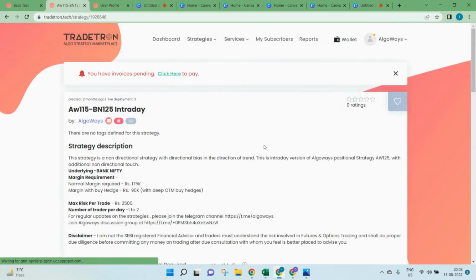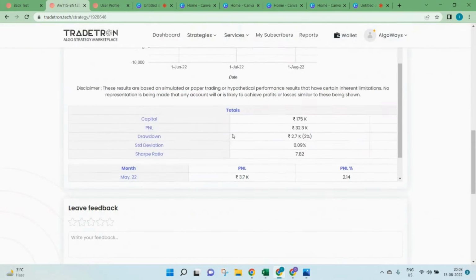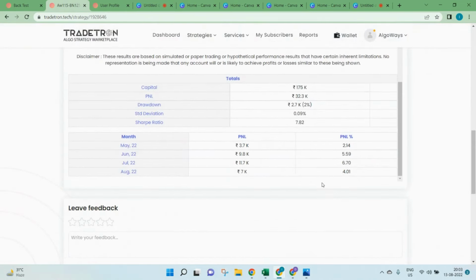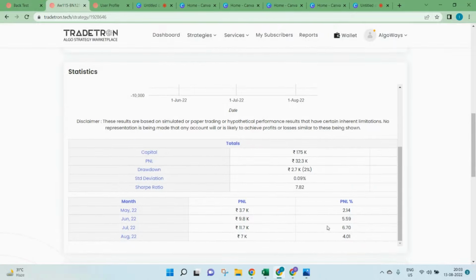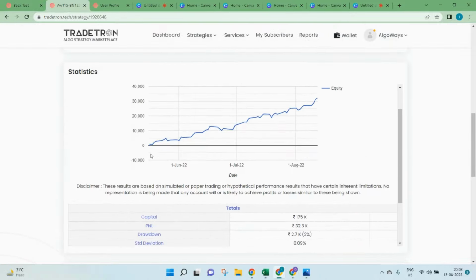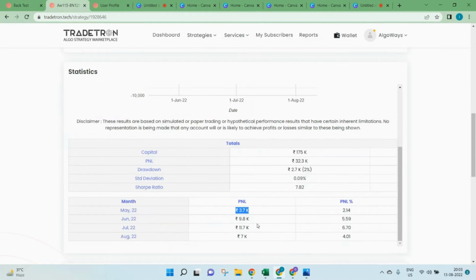If you see the results of this strategy, I think I'm running it for quite 4 months now. It has given, in May when I started this, May 16th, so May is half a month, this much. Then 9.8K in June, July 11.7K, which is around 6.5 to 7%.